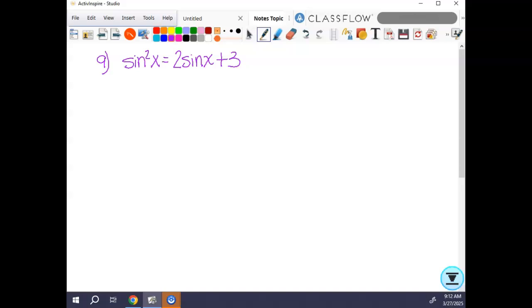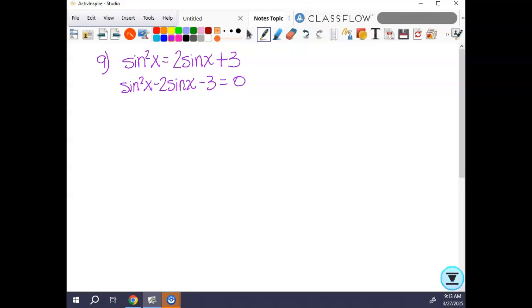That wouldn't make any sense here. And even dividing by sine really wouldn't make any sense here, even if you think it makes sense on the others. But it's a quadratic. I'm going to set it equal to 0. So sine squared x minus 2 sine x minus 3 equals 0.